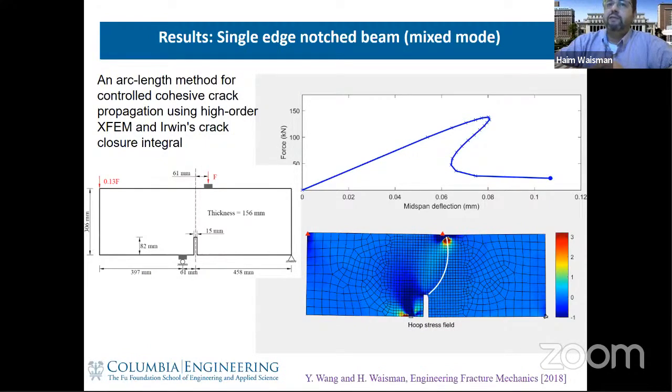But from a phase field point of view, for example, people have used in the literature either a quadratic degradation function. Another very famous degradation function is called the cubic degradation function.